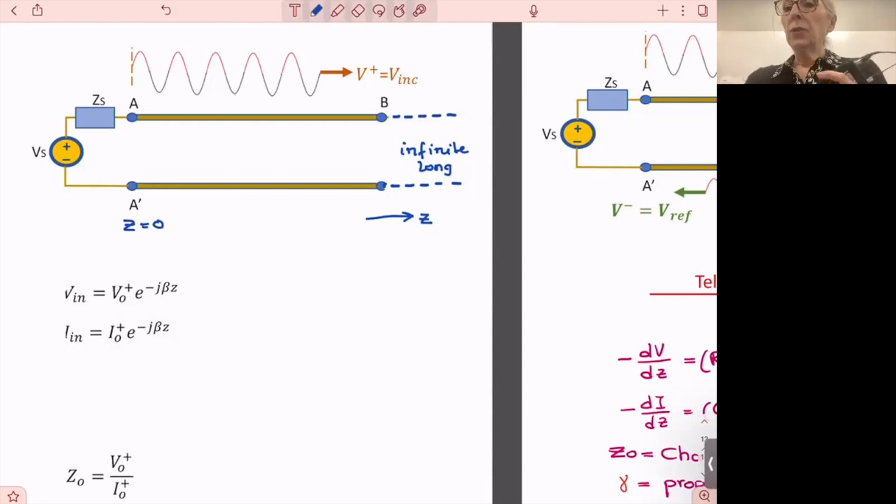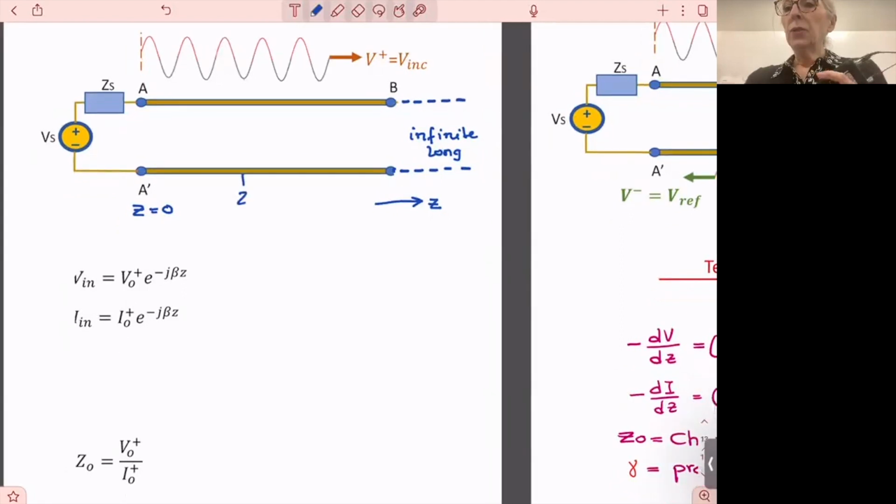If you go someplace here at z naught, both the phase of the voltage and the current will change by the same amount, but you are going to have a different phase from what you would have at z equals 0. And at any other point on the line, the phase is going to be different, but the magnitude is going to remain the same.